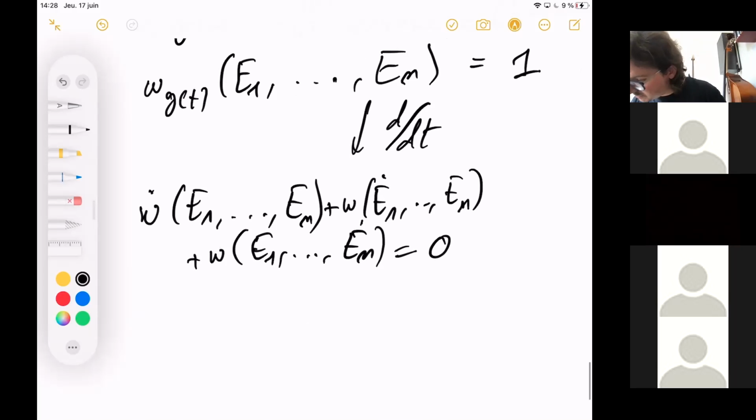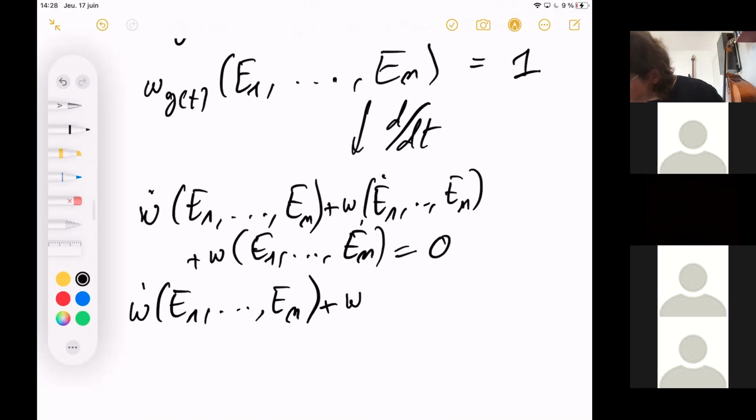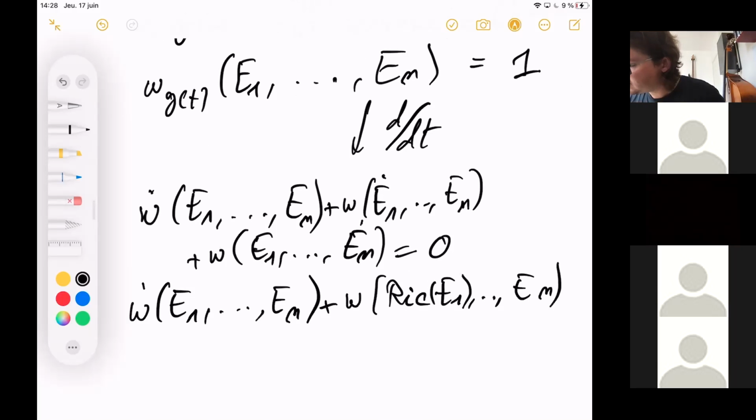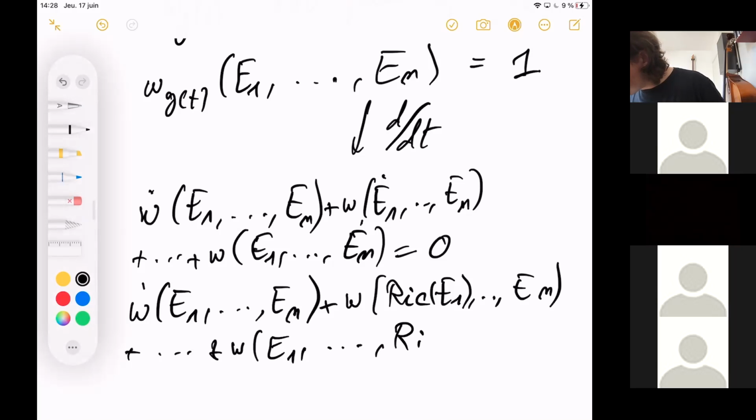But then, we know who are those e_i dot, so plus omega, so here this will be Ricci of e_1 as a vector, of e_2, and then, let's not forget the last one, omega of e_1, Ricci of e_n.